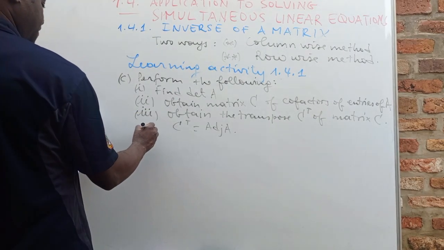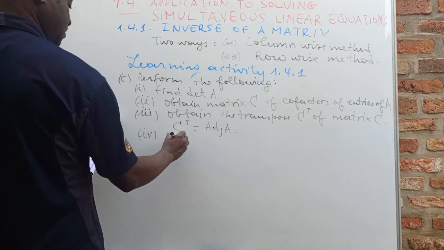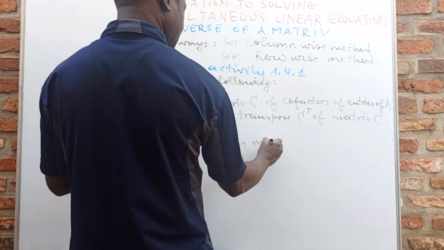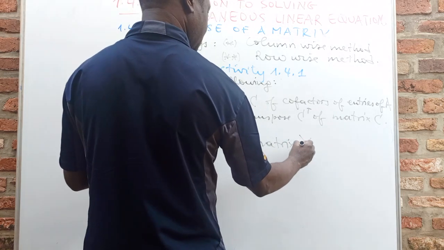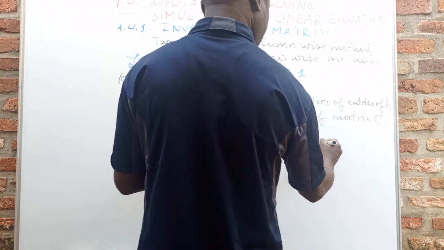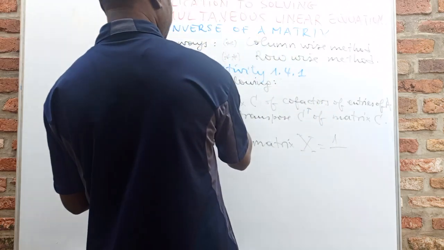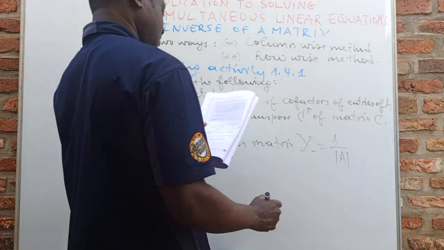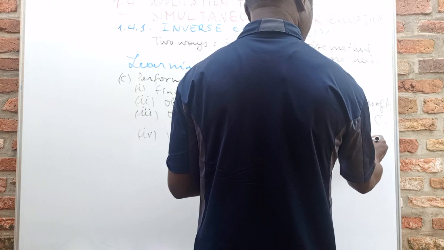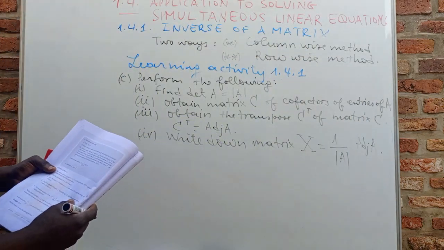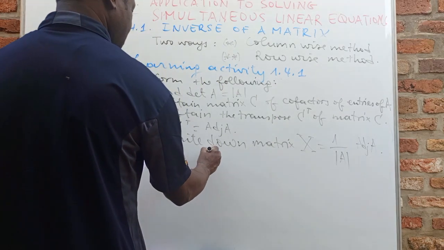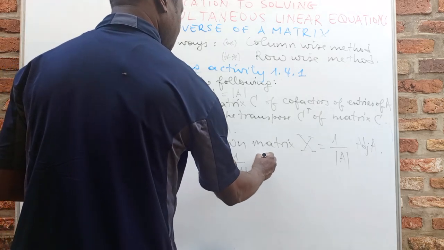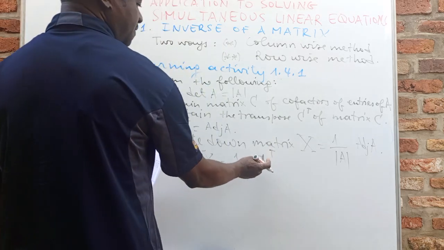Now number 4, write down matrix X, so big X, which is equal to 1 over the determinant of matrix A times the adjoint of matrix A. It means you have 1 over the determinant times the transpose of the cofactor matrix.